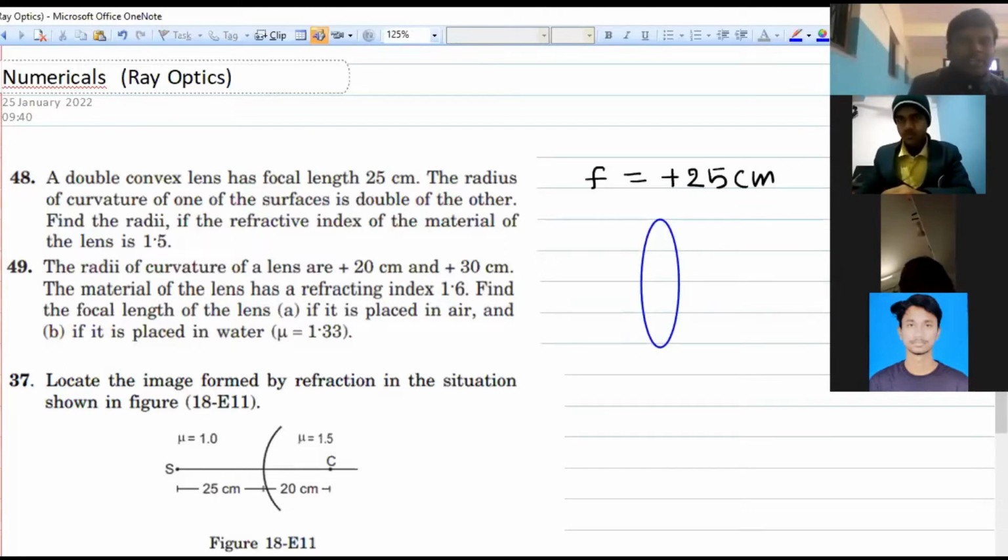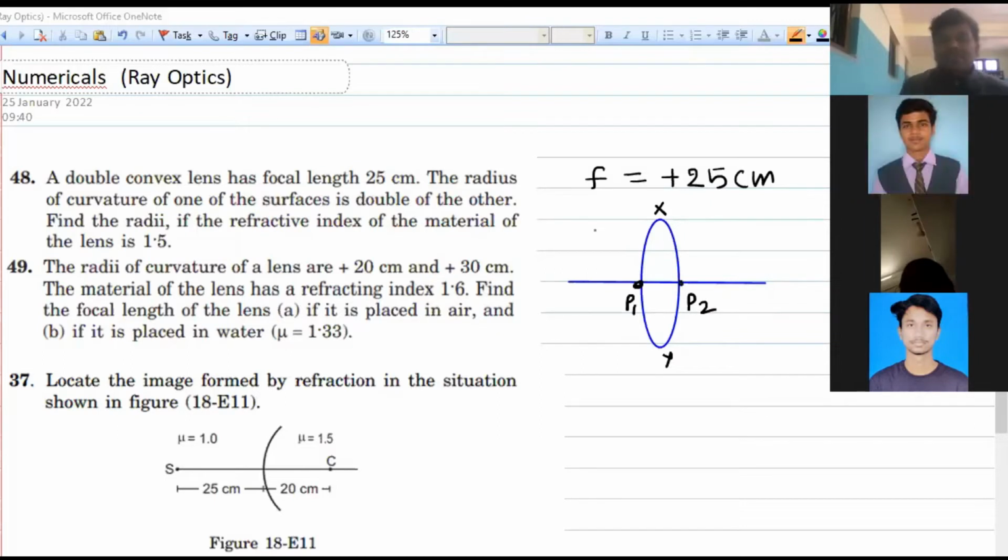There will be two radii of curvature, and two centers of curvature. Here we can define the principal axis, and two surfaces are there in case of a double convex lens. If XY is a double convex lens, then XP1Y will be the first convex surface and XP2Y will be your second convex surface. You can see here.